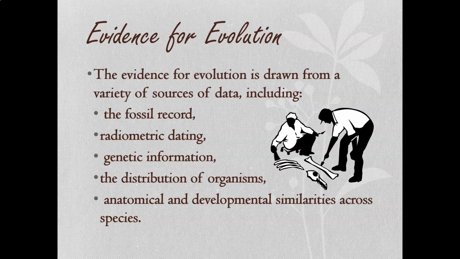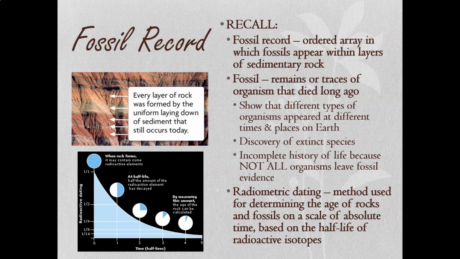So let's take a look at your fossil record. We talked quite a bit about this when we were talking about Earth history. Just remember that a fossil is the remains or traces of an organism that died long ago. And the fossil record is the ordered array in which those fossils show up in the layers of sedimentary rock.